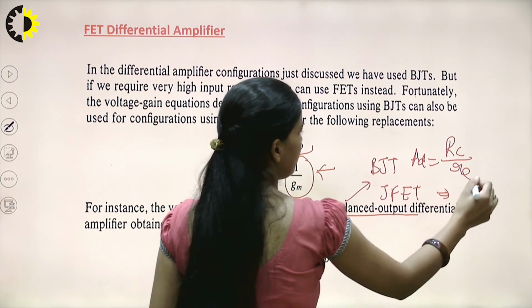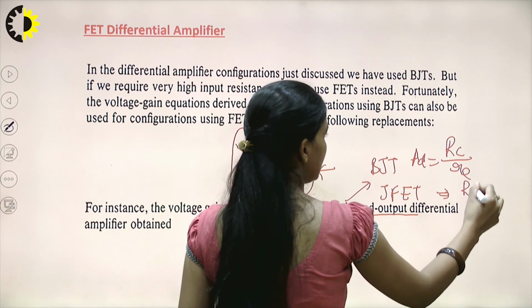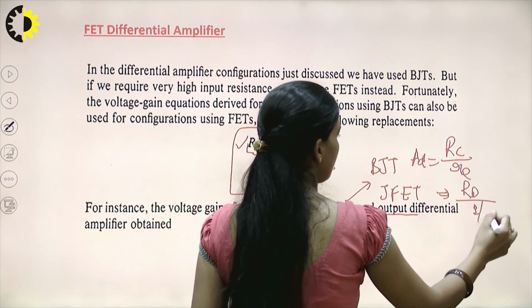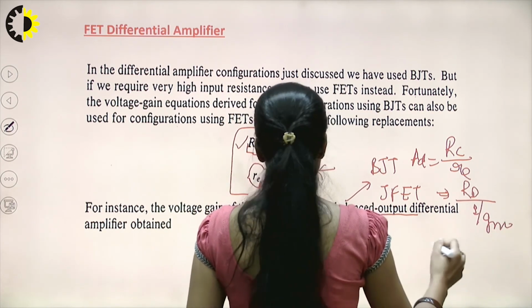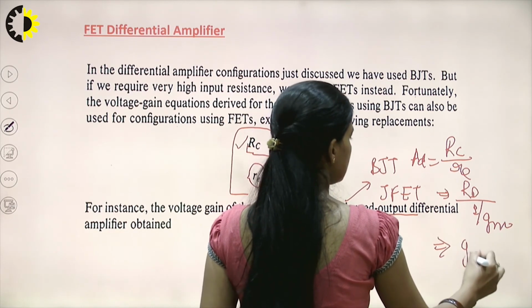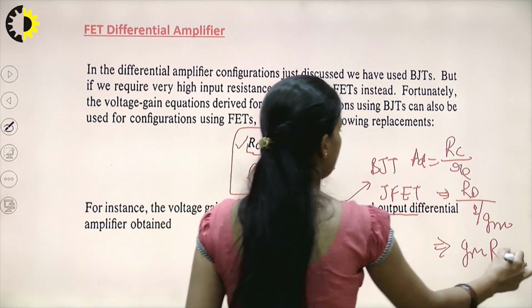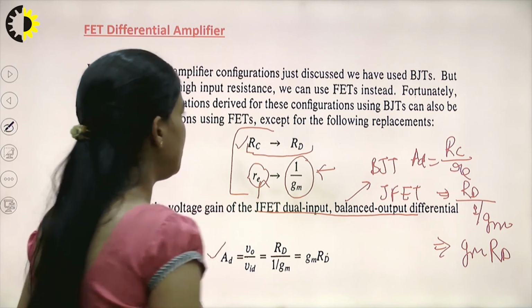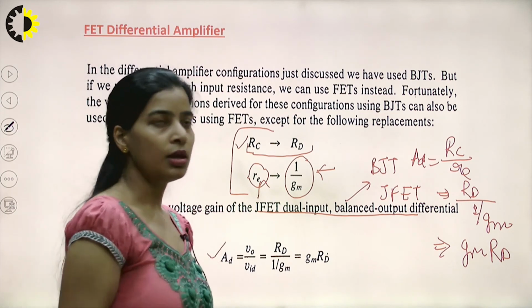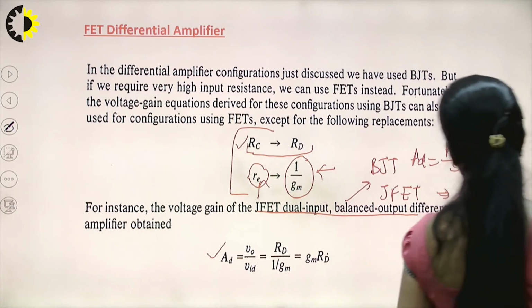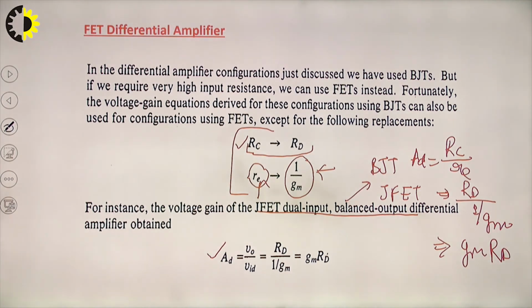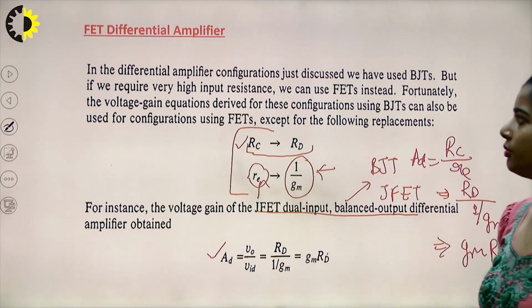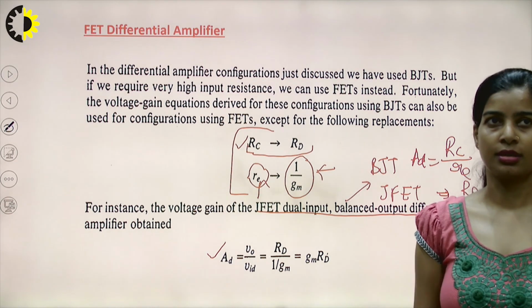For JFET, we replace this RC by RD and this re by 1 upon gm. So, we get gm into RD. So, gm into RD will be the gain of the dual input balanced output differential amplifier obtained using a field effect transistor.